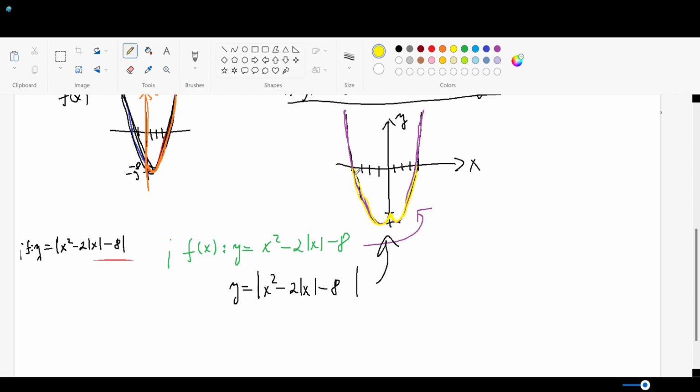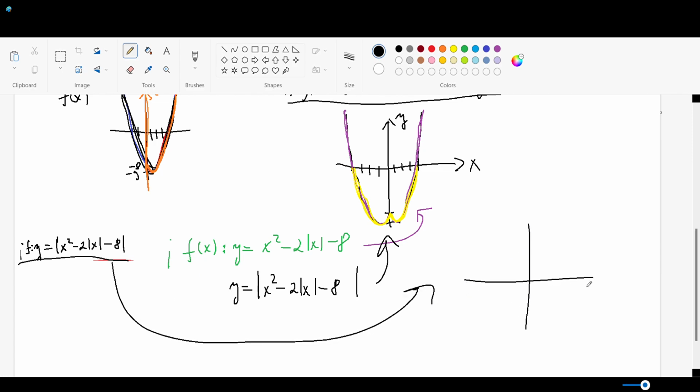Yes, the whole part which is under the x-axis, which I just highlighted in yellow, will flip or reflect over the x-axis, and the graph of this function will then look something like this.